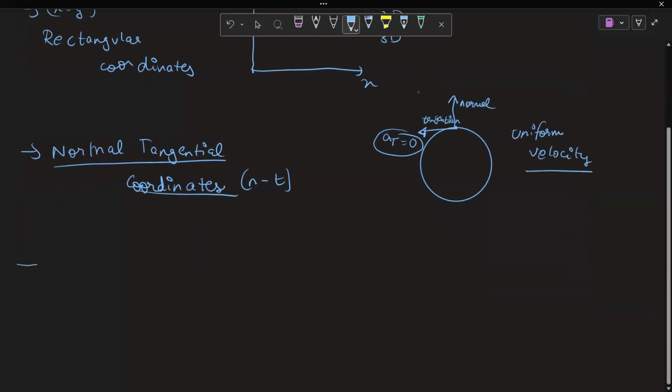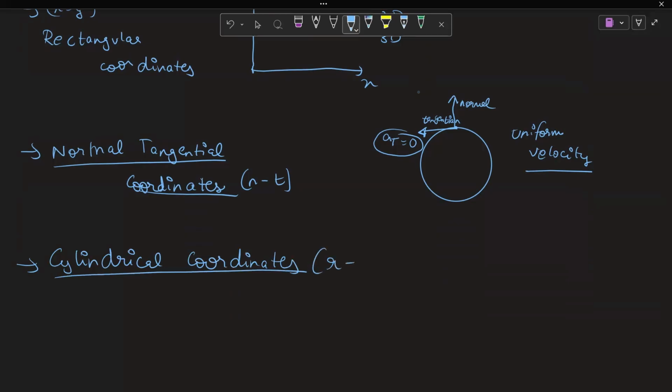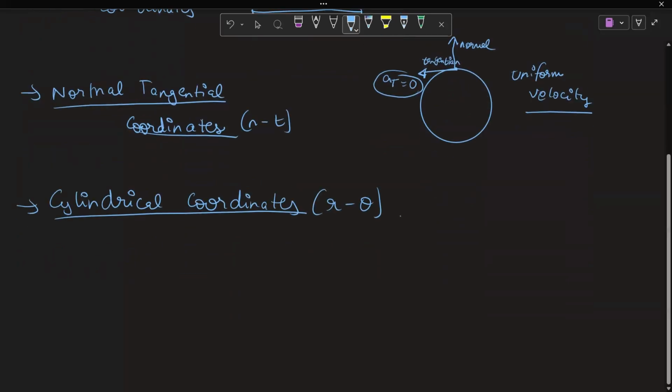Now taking it to another level, we have cylindrical coordinates, which is represented by r and theta. It is basically the analysis of the path of a particle from a point. For example, we are considering a point at the origin, and let this be the path of a particle.